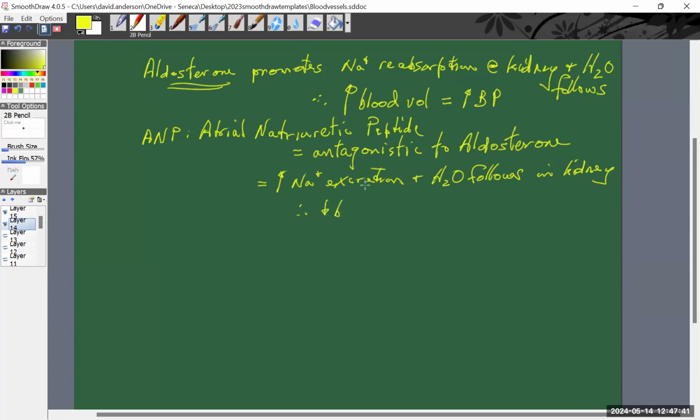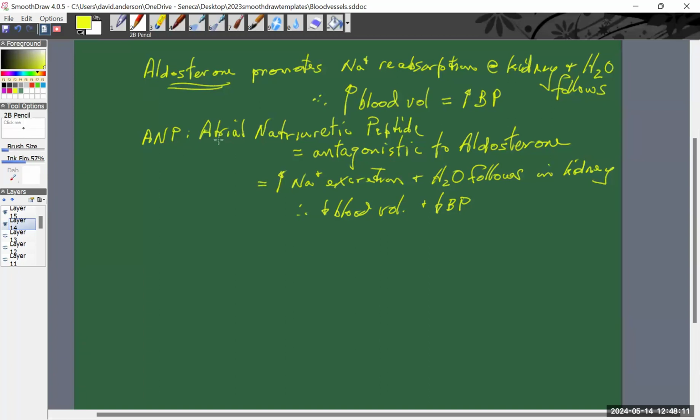So the gentleman that mentioned the effect, that's exactly right. The effect is to lower blood pressure. But when I ask you what the antagonistic refers to, the effects of aldosterone, that's what I'm looking for. So we get a reduction in blood volume. I thought you were asking about the effect, but I know antagonist is the opposite. Okay, I understand. Thank you. Just the word antagonistic with respect to aldosterone. So it's going to have the opposite effects.